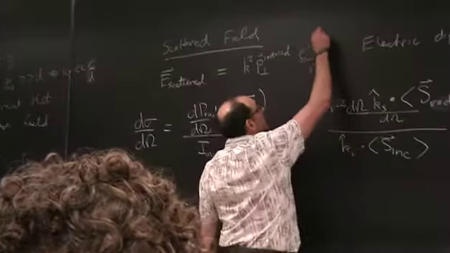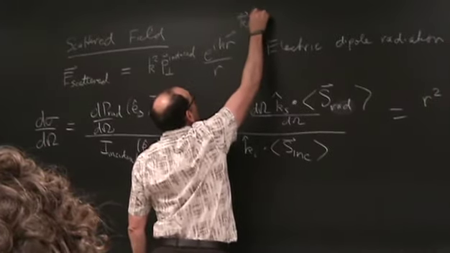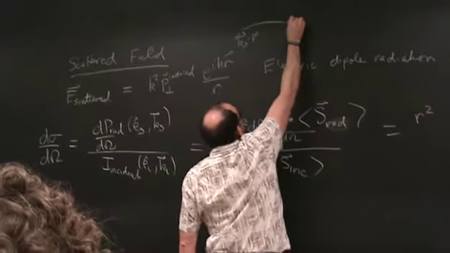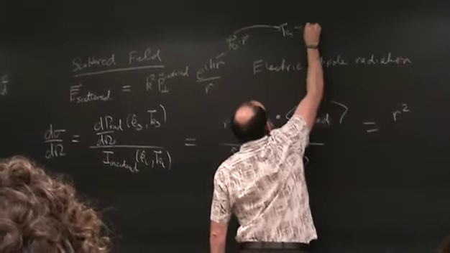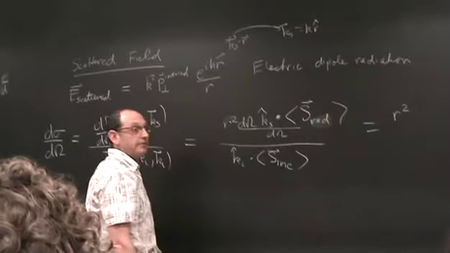This is equal to k scattered dot r, where k scattered is k r hat, so that's into the r hat direction, so that's all good.